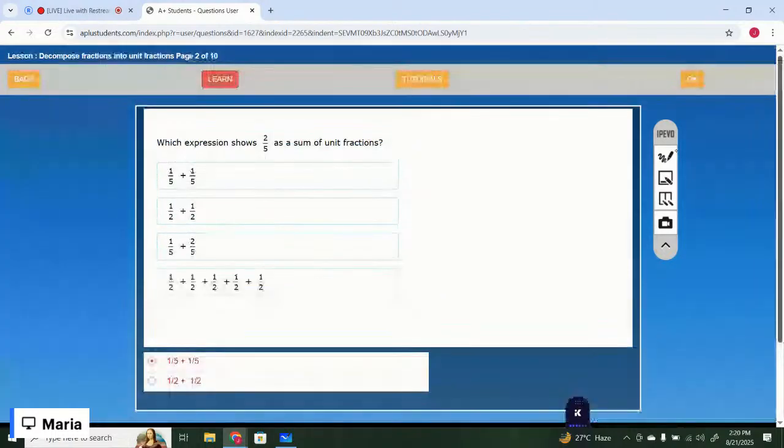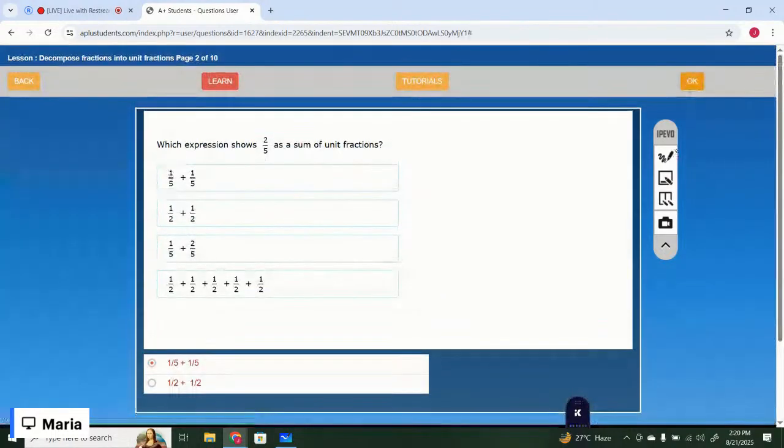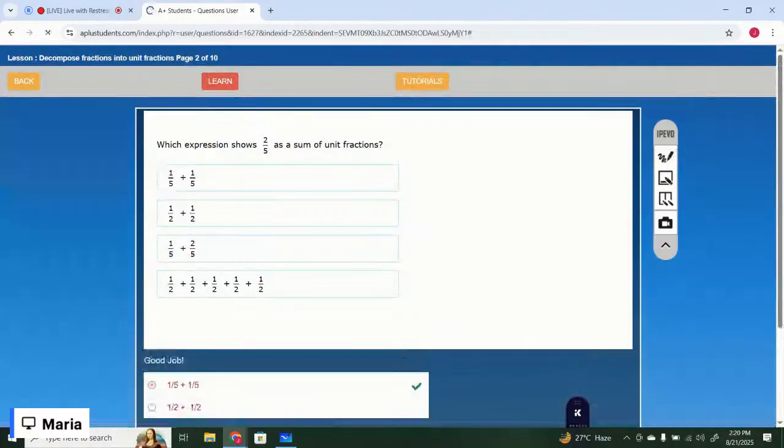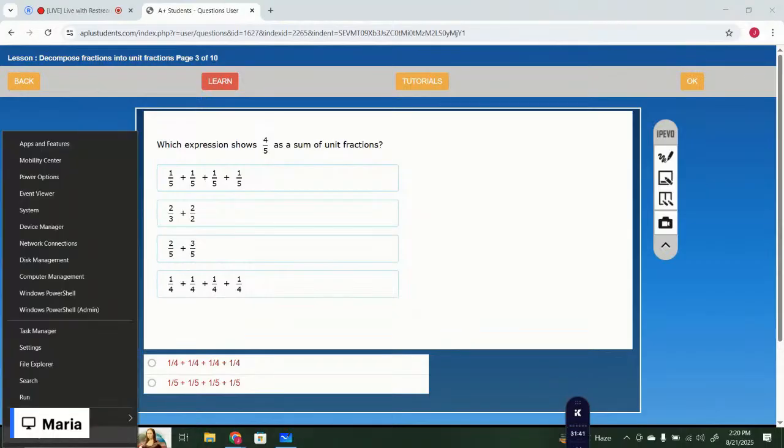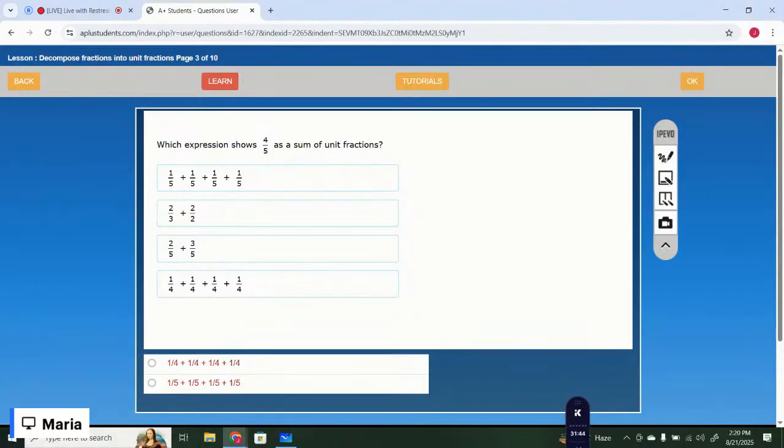Option number 1 is the correct option. Which expression shows 4 by 5 as a sum of unit fractions?